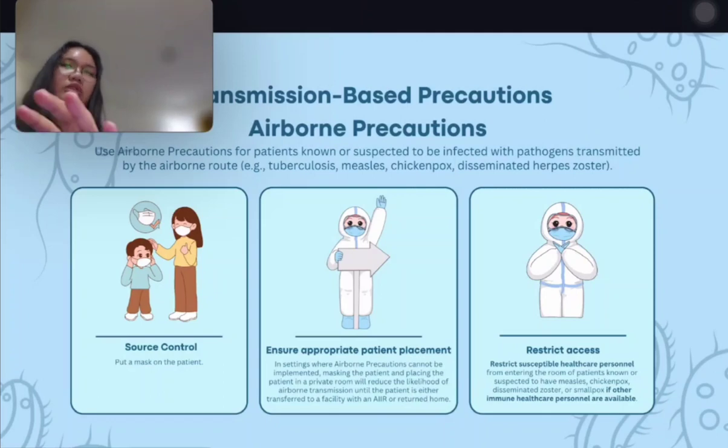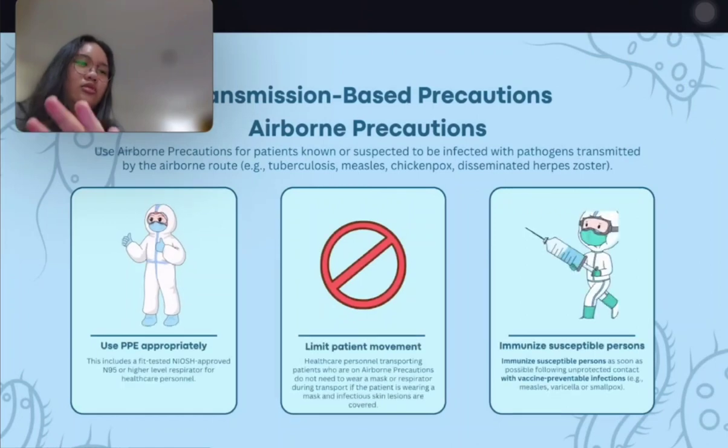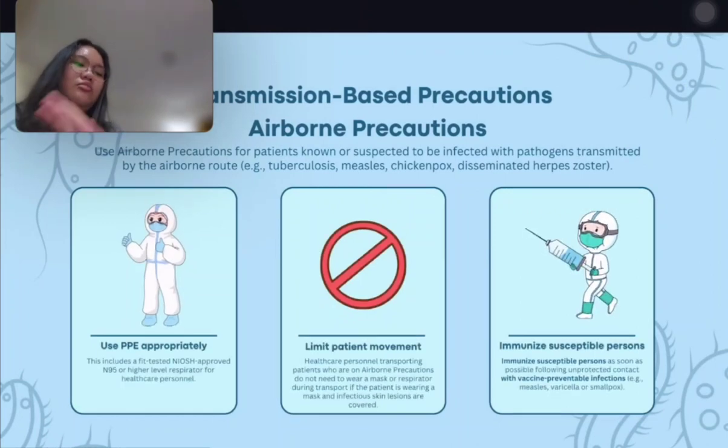So we restrict the access of susceptible healthcare personnel from the patients who are at risk of pathogens with the airborne route. Next we have using PPE appropriately, limiting patient movement, and then immunizing susceptible people as soon as possible following unprotected contact for vaccine-preventable infections such as measles, varicella, or smallpox.